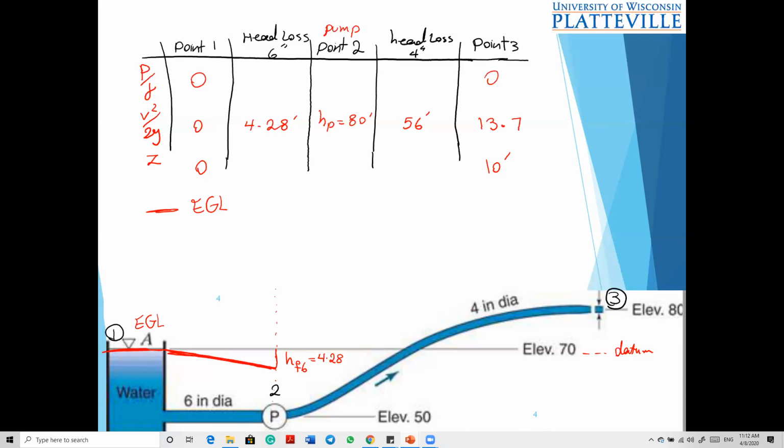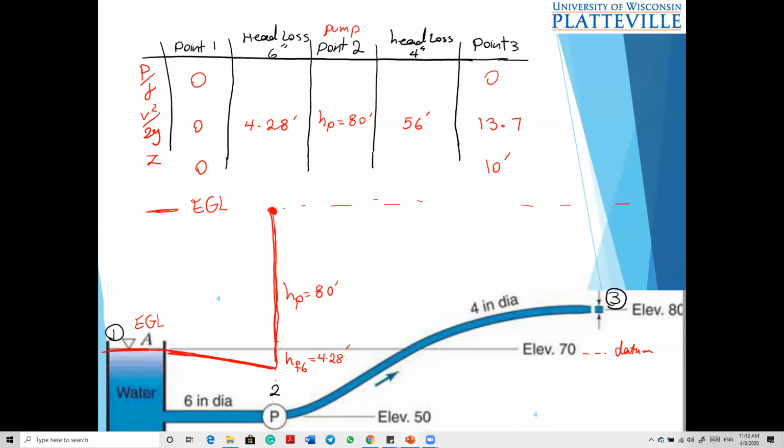Due to head loss, I have some drop from where I was. Then I have a pump. The pump gives me 80 feet of head, so I go up. Here is the head for the pump, 80 feet, and I get to this point. Let's go a little bit up, somewhere here. Then if I don't have the head loss, I go all the way like this.